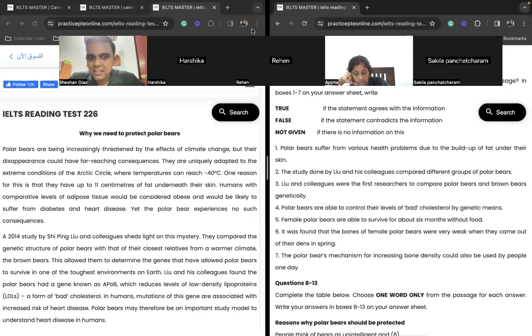What are fixed keywords? Fixed keywords are anything that I mentioned above. What did I say? Proper nouns, dates, numbers, scientific terms. Any of these things are fixed keywords. These things do not change. The name Shi Ping Liu will never change. There is no synonym for this name. They can't call him Ko Pang Lao, right?